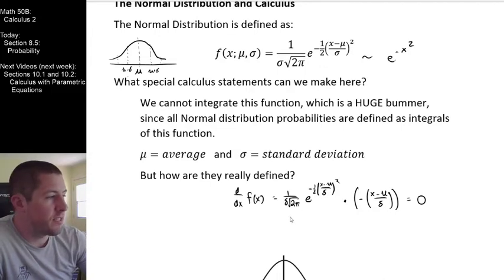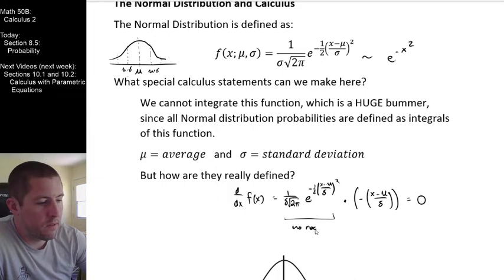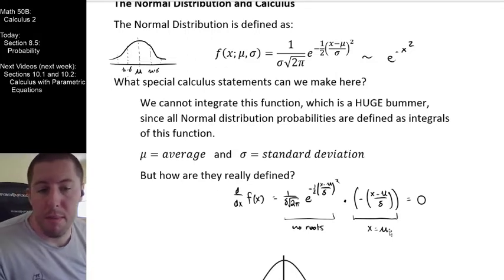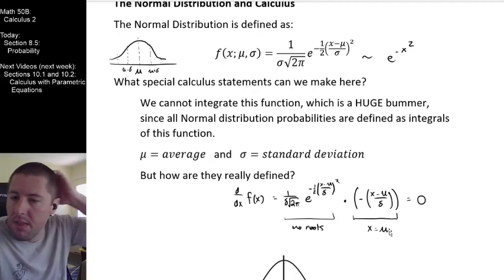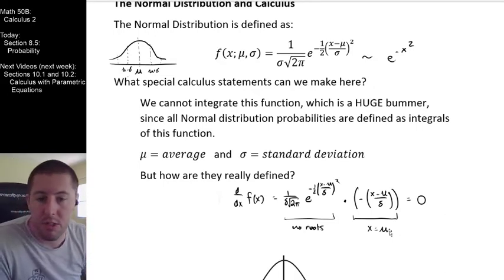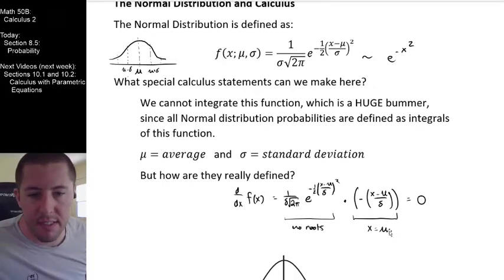And you should notice this gives us no roots from the exponential. This gives us x equals mu as the place where we're going to reach our maximum value. So to even prove that we reach this maximum value, the average, the center of our normal distribution at mu, it requires us to take a derivative and set it equal to 0.